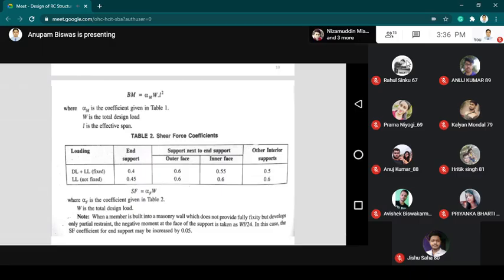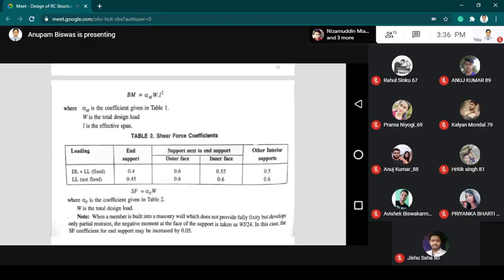The interior support has a different coefficient of shear force. So for the end support it is 0.4, for the support next to the end support outer face 0.6, inner face 0.55, and for other interior supports it is 0.5.